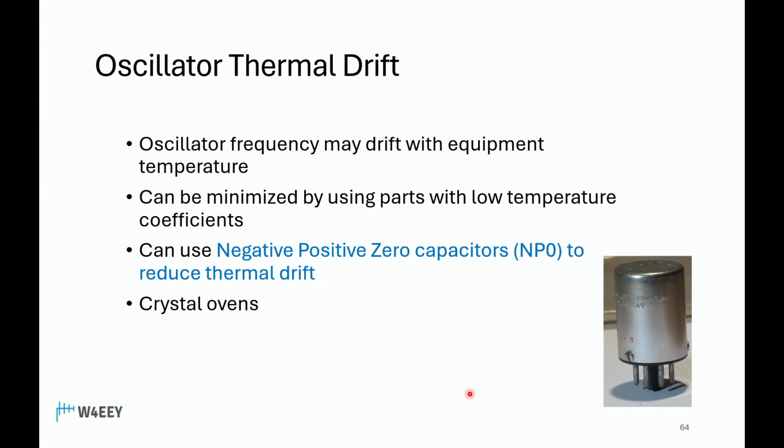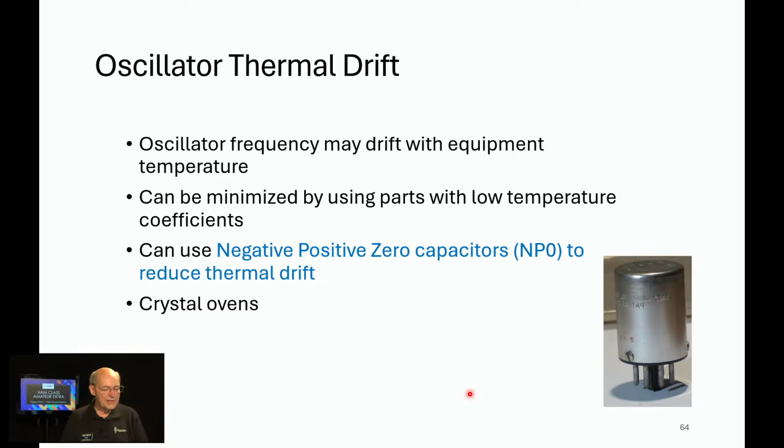Now there's a problem with any kind of oscillator, and that's thermal drift. When the equipment starts to warm up, that'll change the operating frequency. Crystals are less susceptible to that, but it is a problem there too. You can minimize the thermal drift by using parts with a low temperature coefficient.